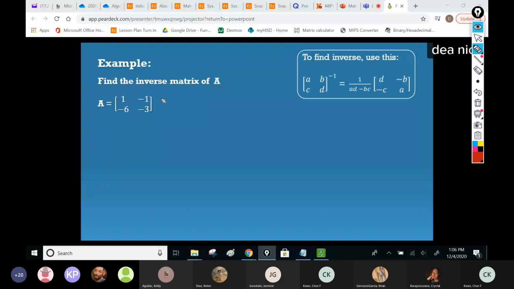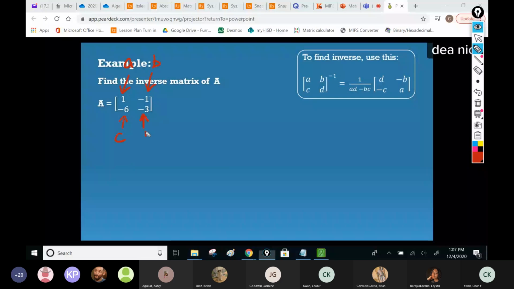All right, so the first step is take a look at right here. We have A, B, C, and D. I want you to find A, B, C, and D right here. This is your A, this is your B, this is your C, and this is your D. Write them down on the side.